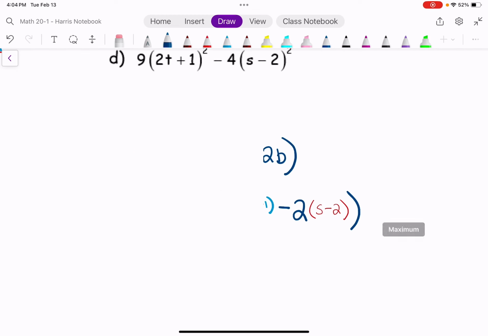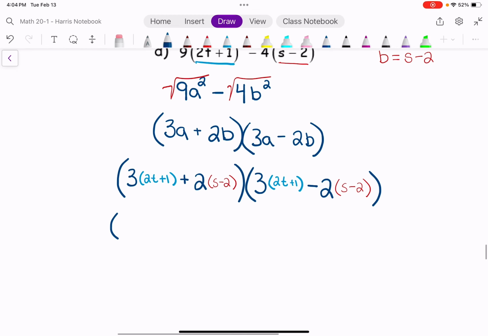Okay, I'm going to expand everything out here. So in this bracket, I get a 6t plus 3 plus a 2s minus 4. And then in this bracket, I get a 6t plus 3, and then here I get minus, so negative 2s, and then plus 4.